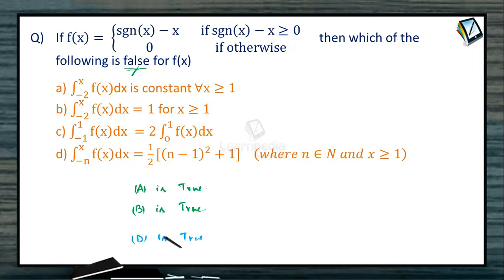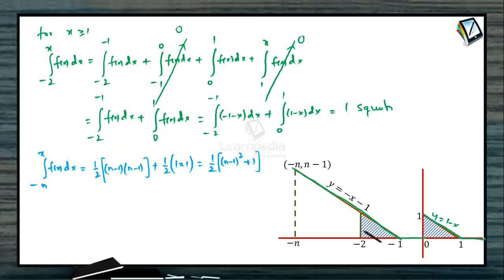So shall we conclude even D is observed to be true, right? We can stop calculating by saying that now C should be false. But let us even see that from the diagram of f of x. If you can see here, the area from minus 1 to plus 1, this total area will be the same as the integral from 0 to 1, because from minus 1 to 0 the area is 0.